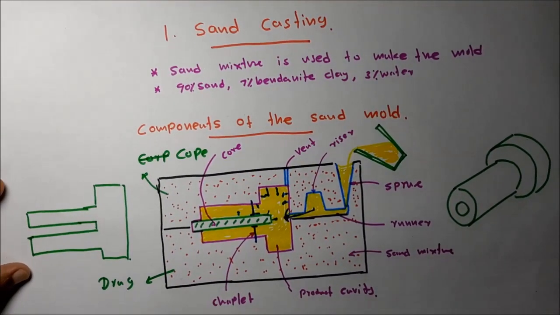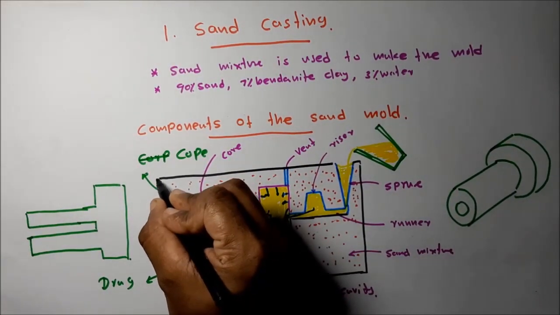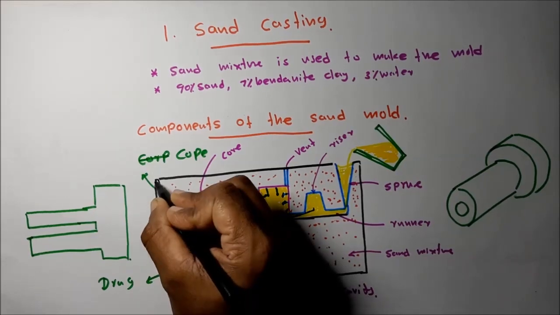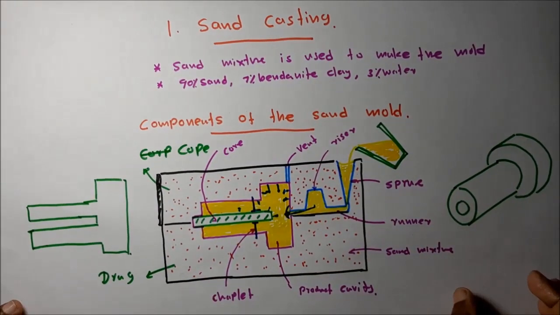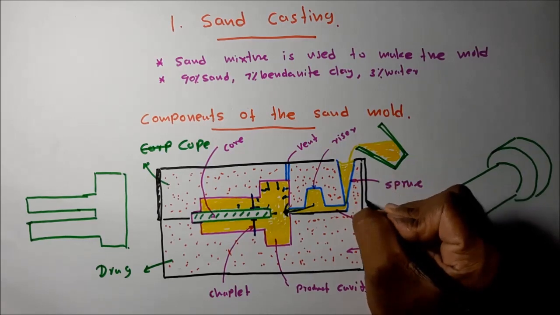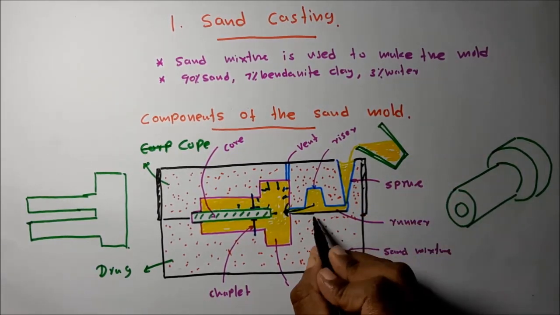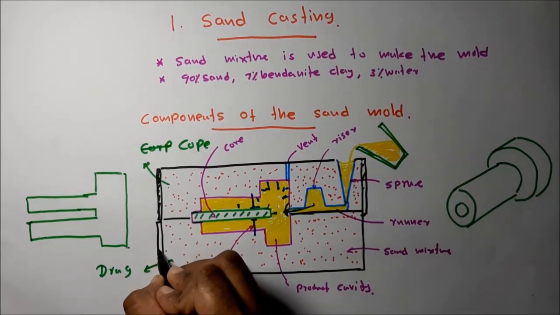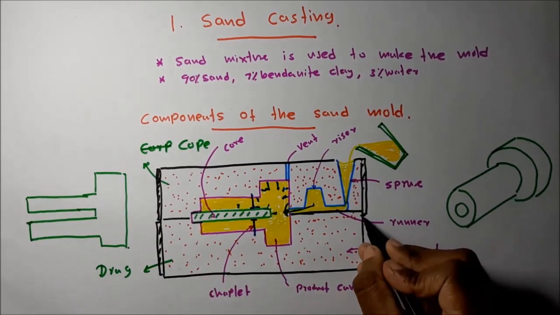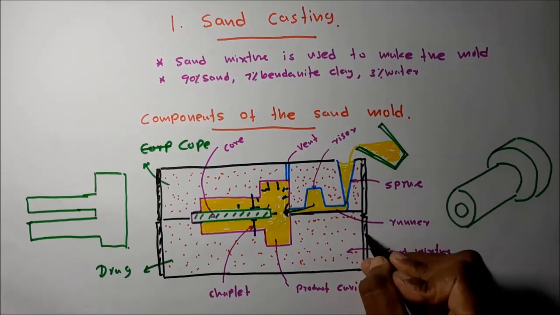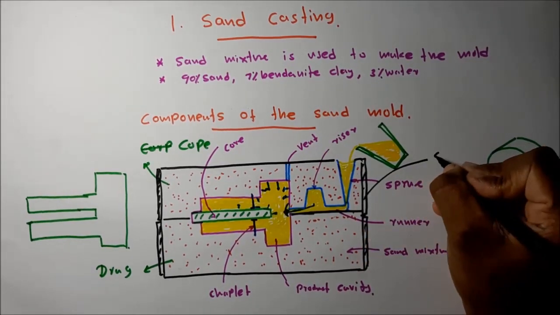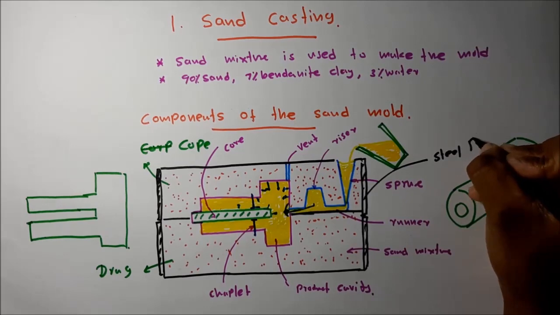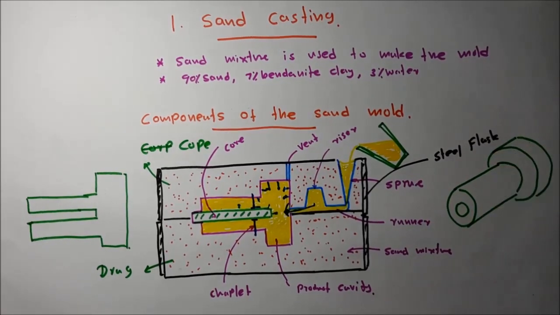In the previous diagram I forgot to mention this. This is a steel flask. Actually, it is a steel box-like component called a steel flask.